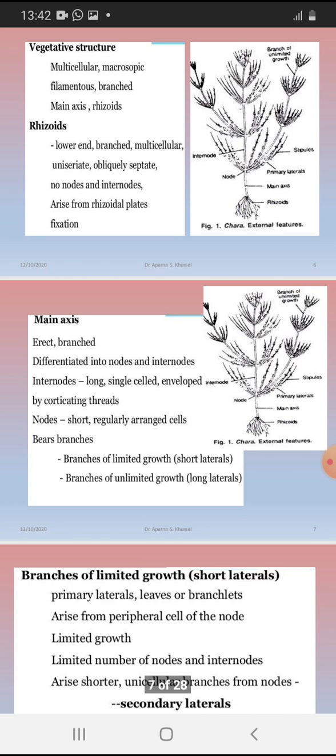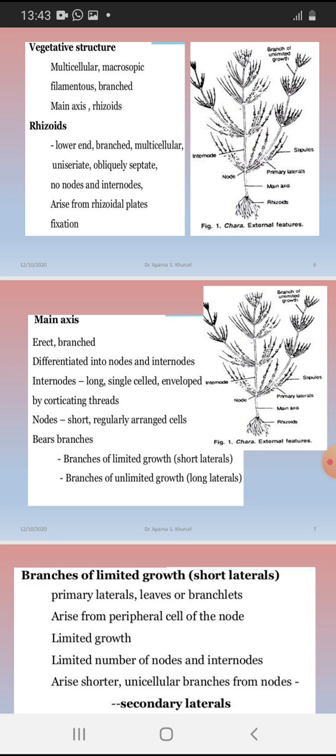The main axis is erect and differentiated into nodes and internodes. The main axis bears two types of branching, that is branch of limited growth, which is also called short lateral, and branch of unlimited growth, that is called long laterals.